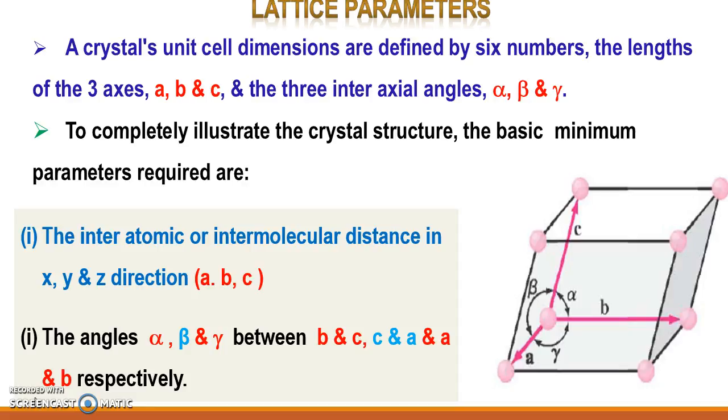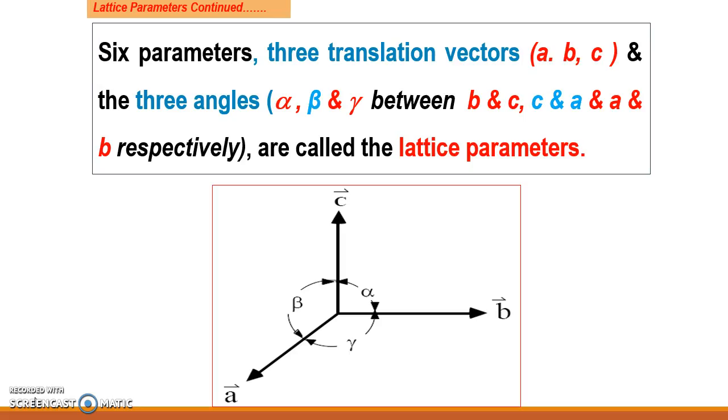To completely illustrate the crystal structure, the basic minimum parameters required are the interatomic or intermolecular distances in the x, y and z directions, that is A, B, C, and the angles alpha, beta, gamma between B and C, C and A, and A and B respectively. Now, these 6 parameters, 3 translation vectors A, B and C, and 3 angles alpha, beta and gamma are called lattice parameters.